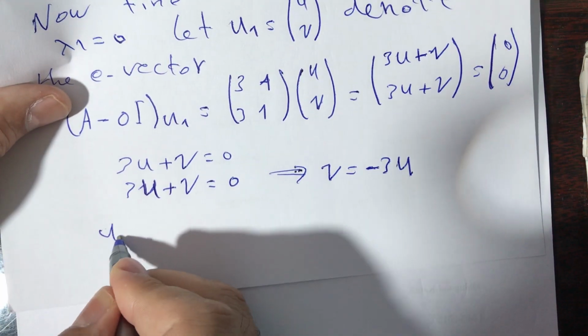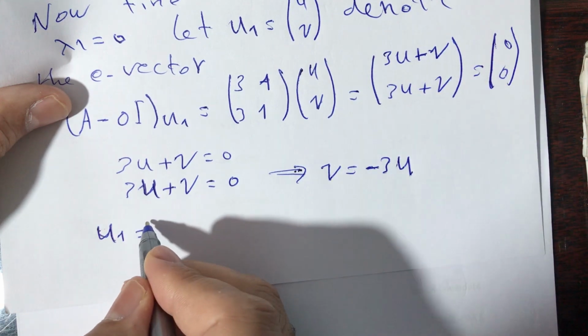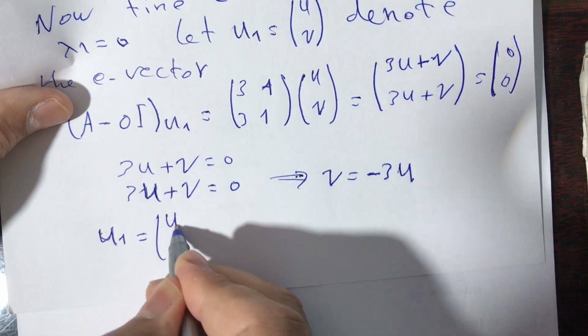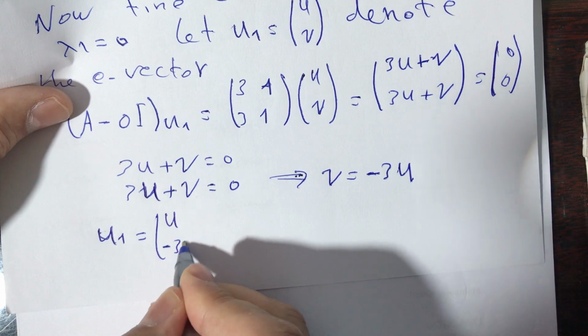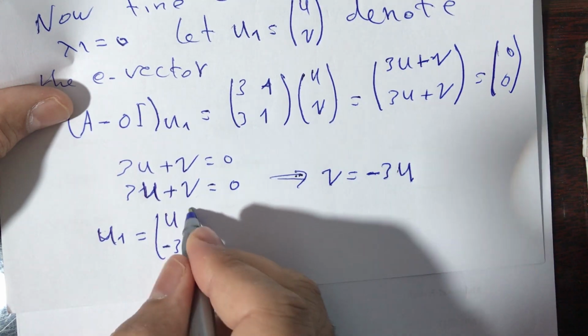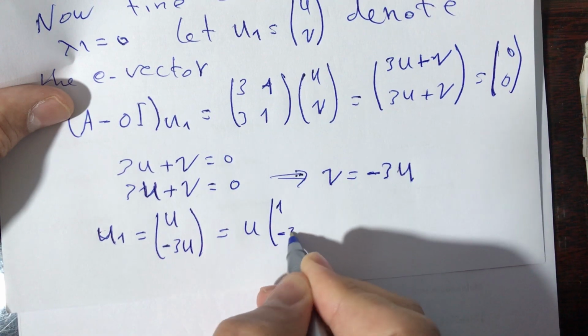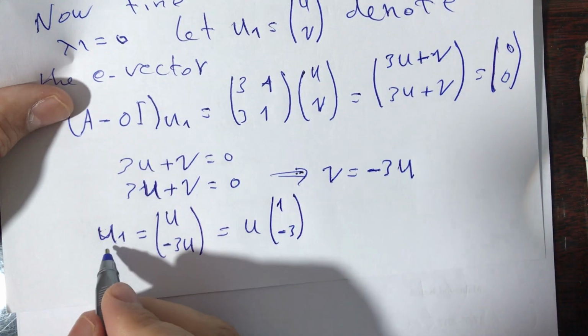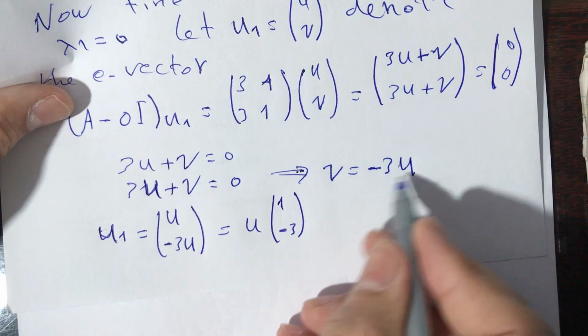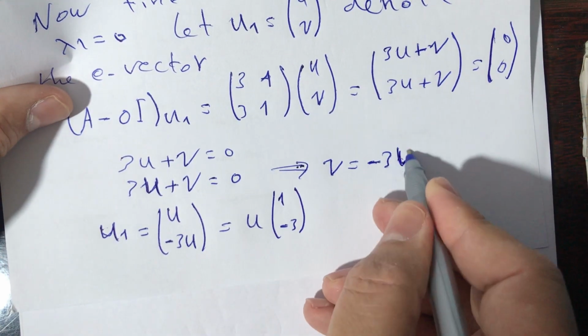So we can write u1 is equal to u and minus 3u, which is u times 1, minus 3. So v depends on u.